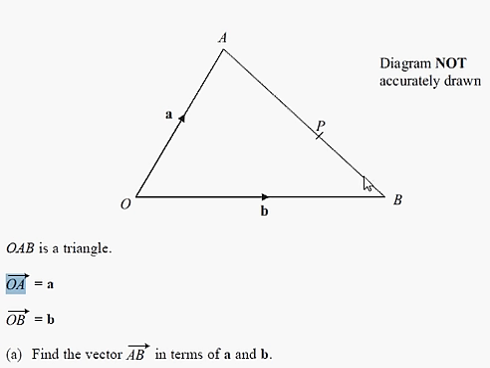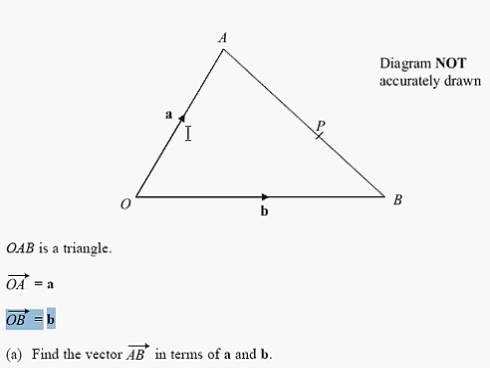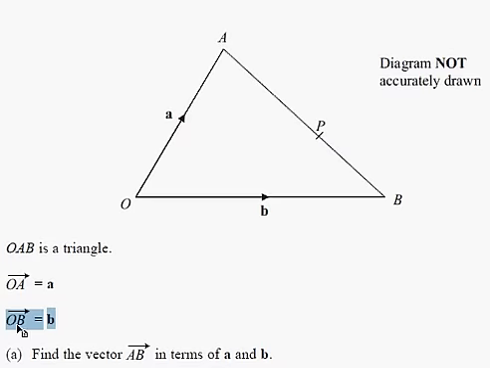Now we need to move from O to B. We know that OB equals the vector b. It's given to us in the question, so we can write that down. The vector OB, and you would write an arrow over OB here, equals b. It's not negative b, it's just b. And now we put the two together.